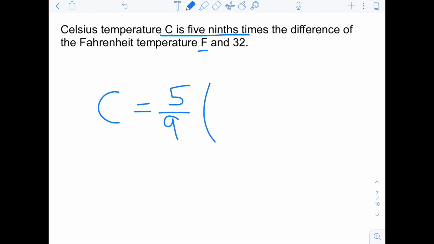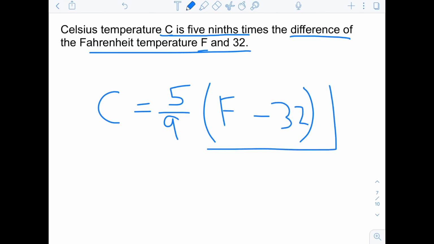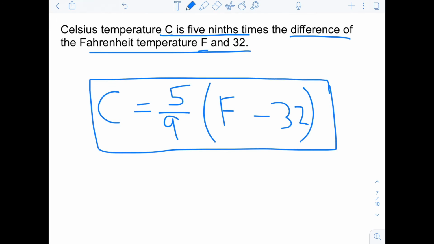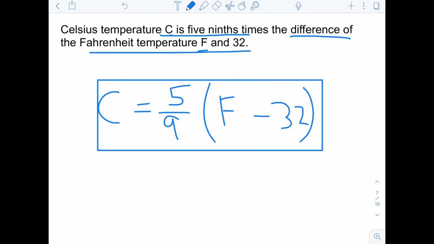Difference, remember, means subtraction. So we're subtracting 32 from F. I could use this formula to convert between Celsius and Fahrenheit.